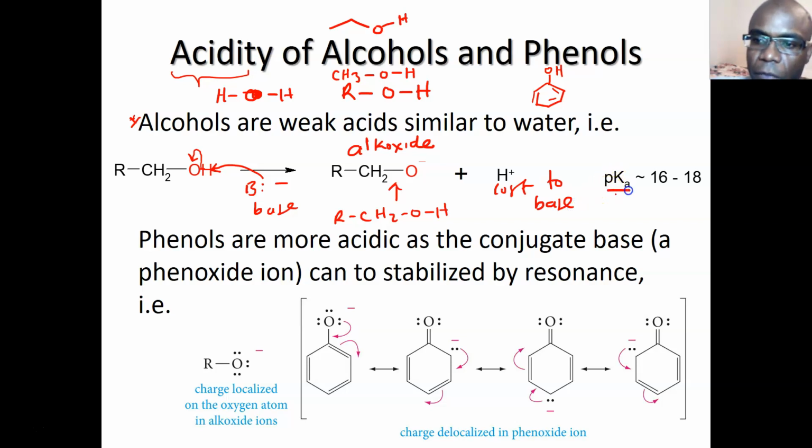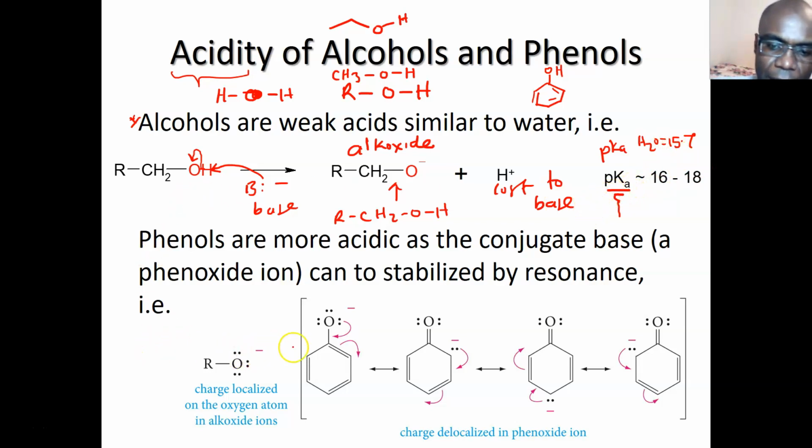The pKa, which is the ability of the acid to ionize, for alcohols is roughly between 15 and 16. The pKa of water is somewhere around 15.7. So you see they are very close.